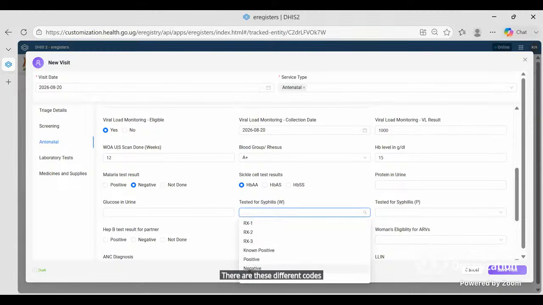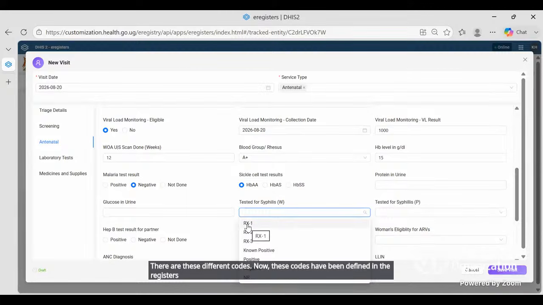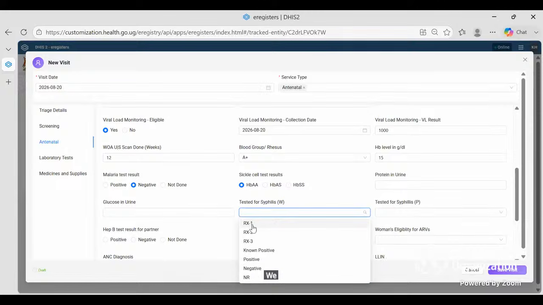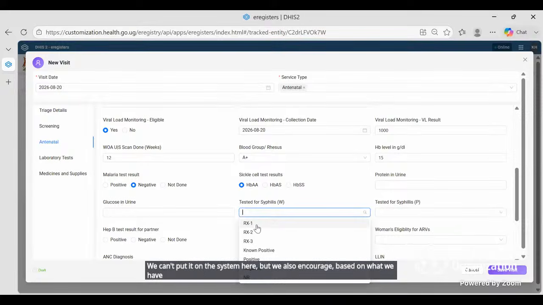Now, these codes have been defined in the registers. And we are hoping that the clinicians or whoever is attending to these clients is aware of what RX1 is, because it's a really long definition. We can't put it on the system here, but based on what we have seen, people are asking, what does RX1 mean?